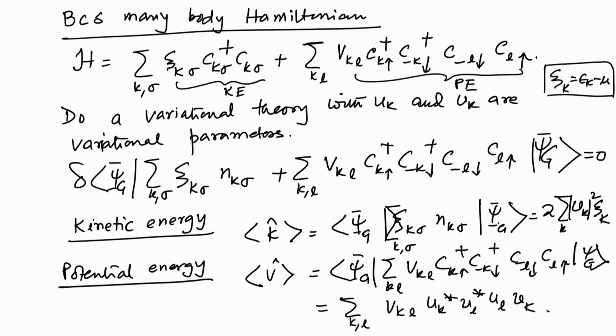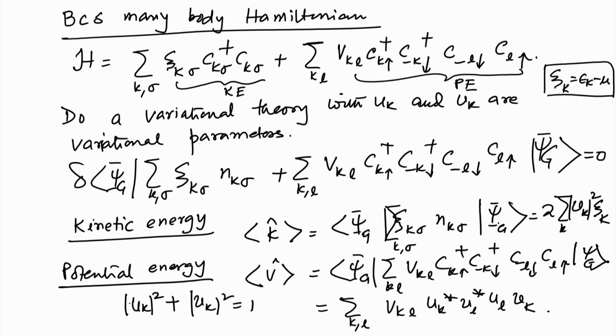So, these are the kinetic energy and the potential energy, the expectation values of those, with of course the constraint u_k square plus v_k square equal to 1.